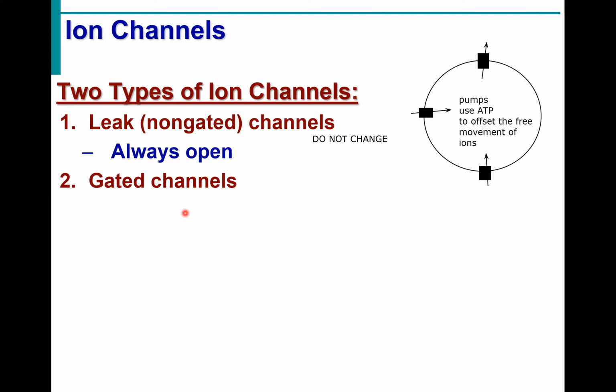And channels that can be open and closed are what we call gated channels. All right? These are the ones that can change their state. They can be open or closed, or maybe even more states. And it's these that we can change. They can be changed. And that allows us to do work.